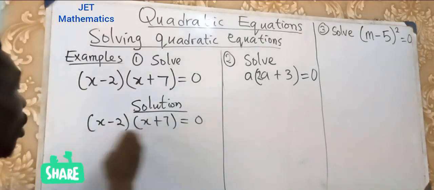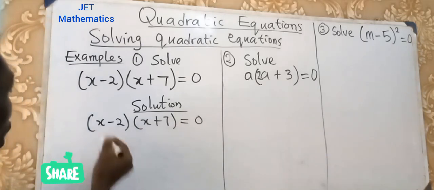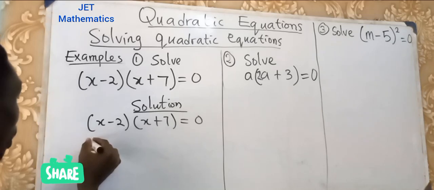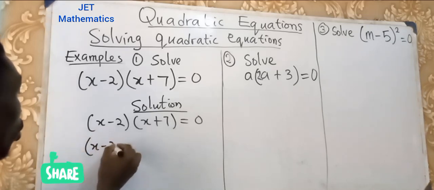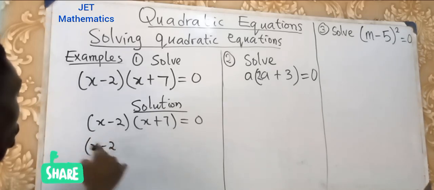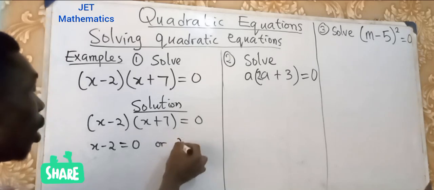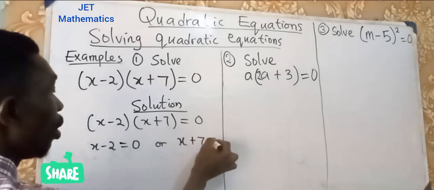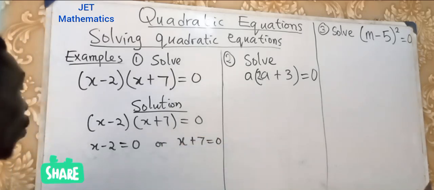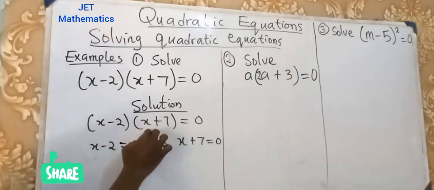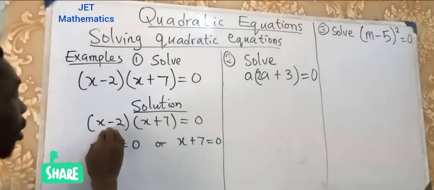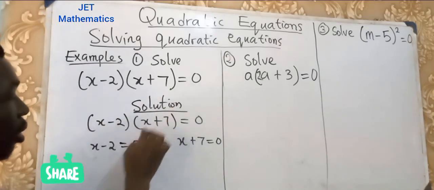So it's either s minus 2 is equal to 0 or s plus 7 is equal to 0. For this product to be 0, it's either this is 0 or this is 0.